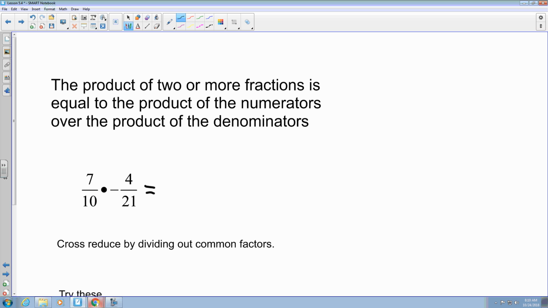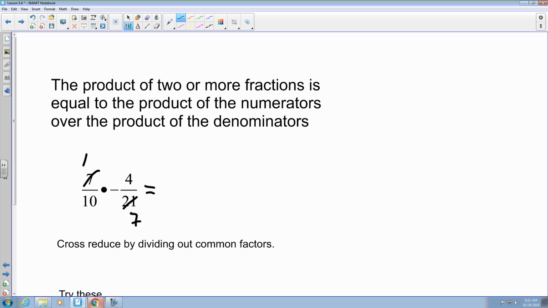I notice that 7 and 21 are both divisible by 3. So I divide 21 by 3, which gives me 7, and I divide 7 by 7, and that gives me 1.